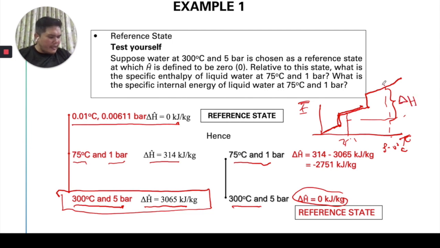So now you pick this point as your reference state. Whenever it becomes the reference state, the value of specific enthalpy H here is equal to 0. So of course, you will end up with a negative value because there is a change of temperature from 300 degrees Celsius to 75 degrees Celsius. So that is the function of a reference state. We will use reference states a lot after this when we want to perform calculations.